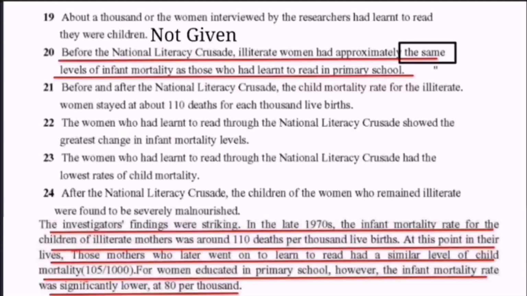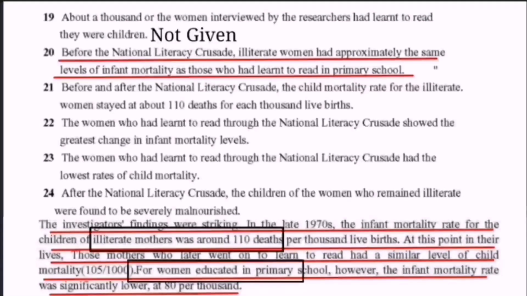So we have read that the infant mortality rate for children of illiterate mothers was around 110 deaths per 1,000 live births, and for the women who had learnt in primary school, however, the infant mortality rate was significantly lower at 80 per 1,000. Whereas in the question, before the National Literacy Crusade, illiterate women had approximately the same levels of infant mortality as those who had learned to read in primary school.